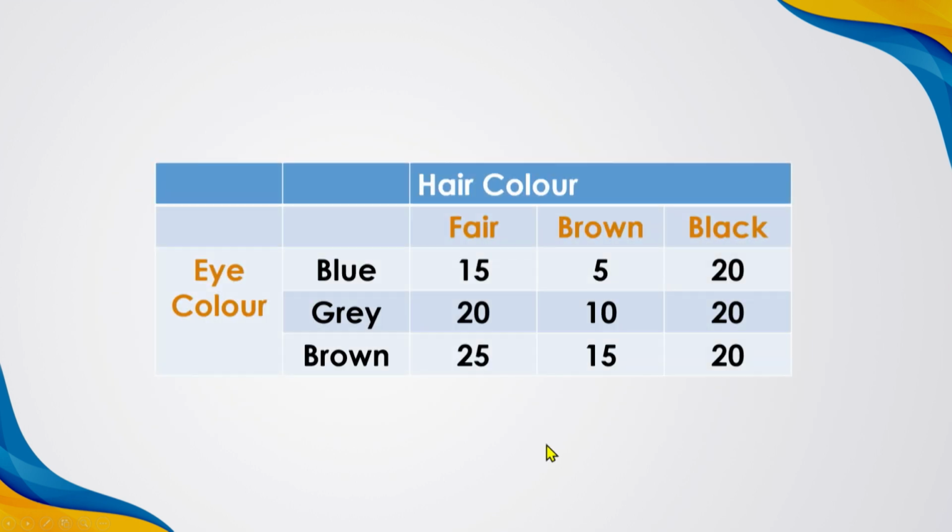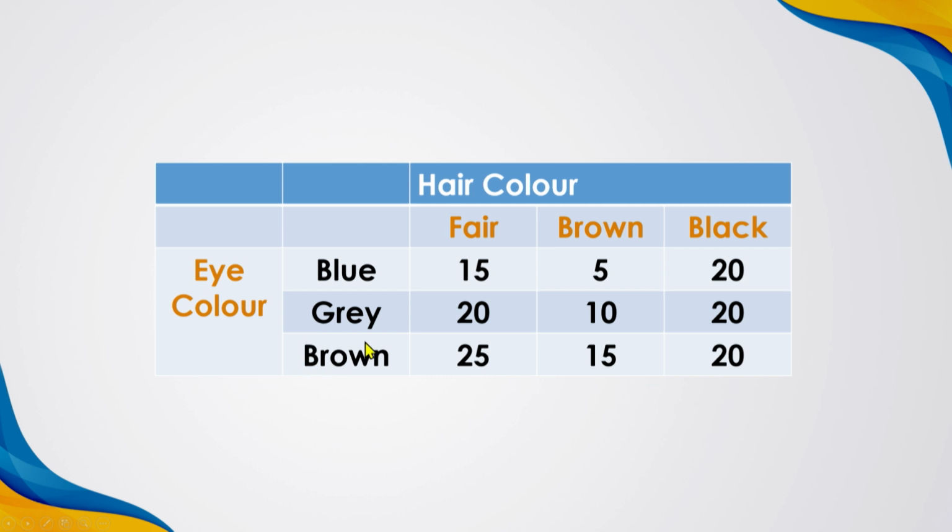Now you can see the second table, which will be somewhat more interesting as the cross table. Here I have chosen hair color and eye color, where hair color is classified into 3, that is fair, brown and black, you can see over here. Similarly, the eye color is also classified into 3 cases: blue, grey, brown.